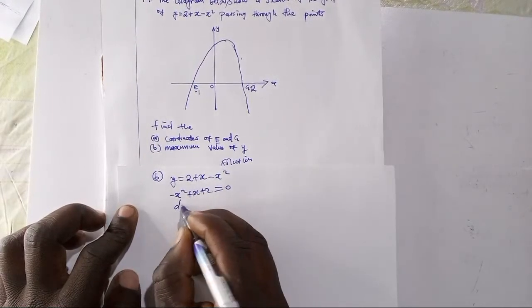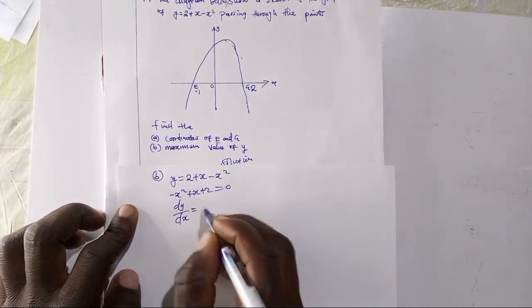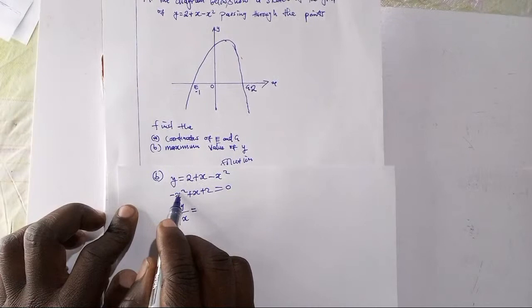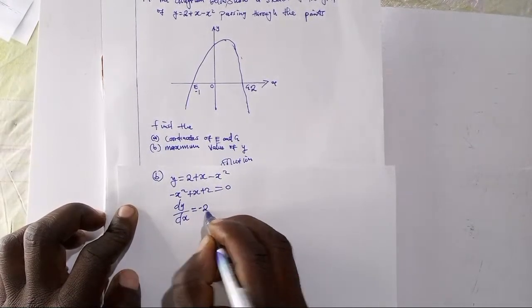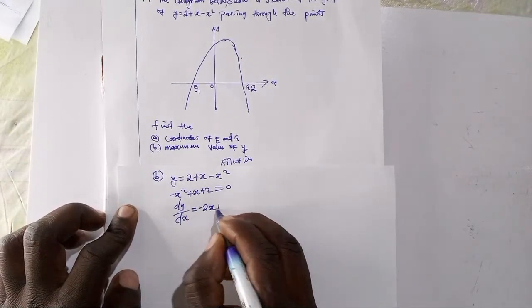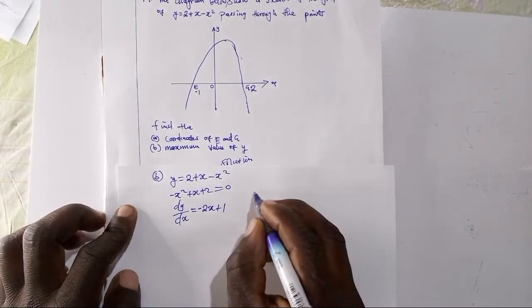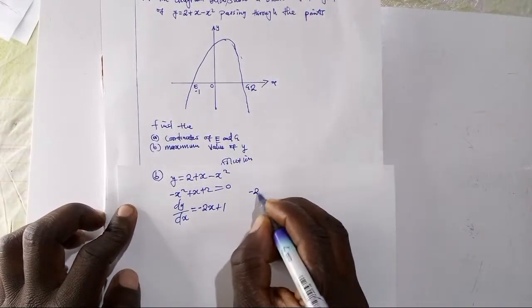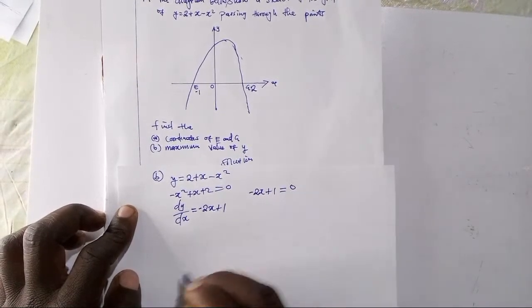So dy over dx equals minus 2x, then we remain with plus 1, then here we have 0. So it is minus 2x plus 1 equals 0.